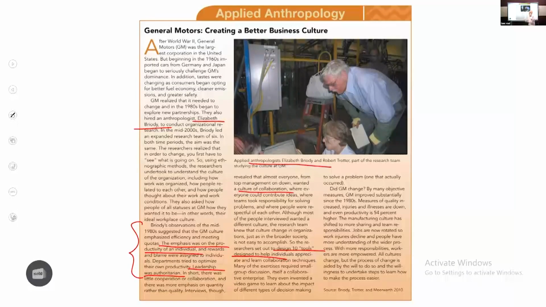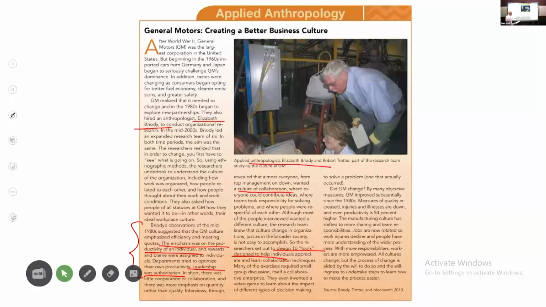It's not easy for an African man to collaborate with a Chinese and a European man, all three in the same team. So how do you create a work culture where all can work together? That is something anthropology can offer. So that is anthropology in management and the corporate world.